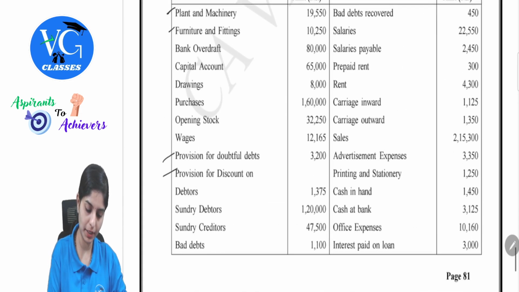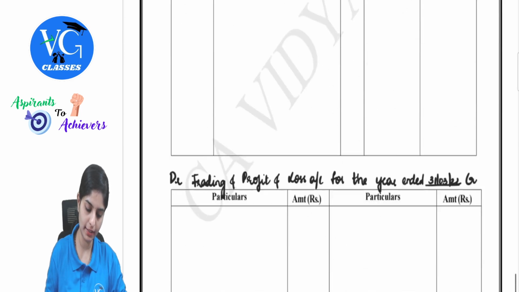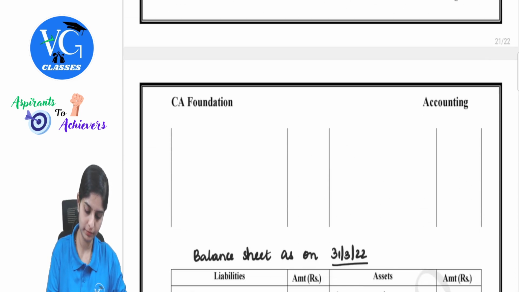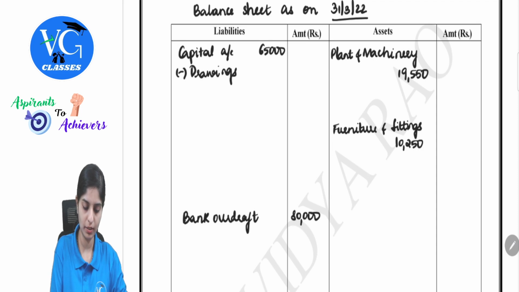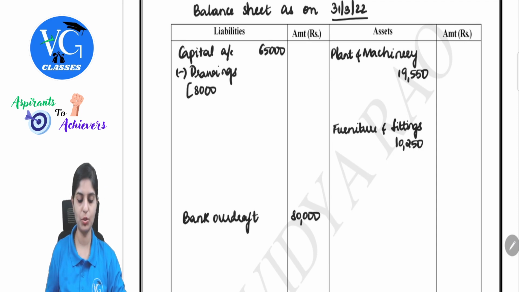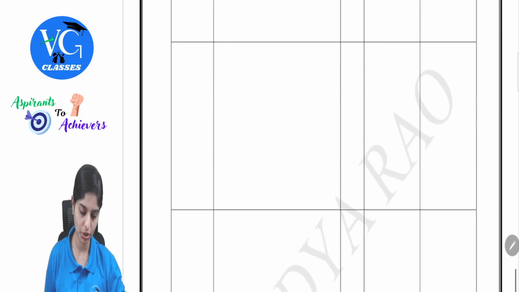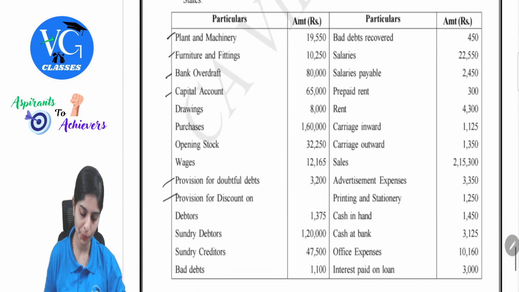Next we have capital account 65,000, drawings 8,000. Minus drawings. Since there was one more, so we will write it, whatever information is readily available now. 8.